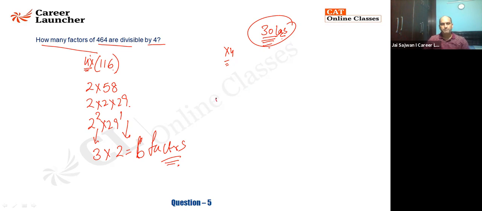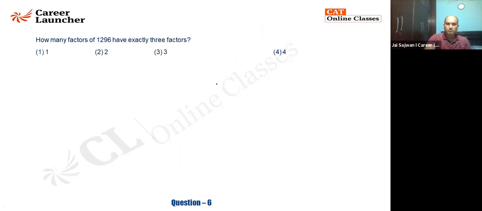Fine, thank you. Anyone, any query, any doubt? Okay, how many factors of 1296 have exactly 3 factors? Could you try to get the answer? How many factors of 1296 have exactly 3 factors?